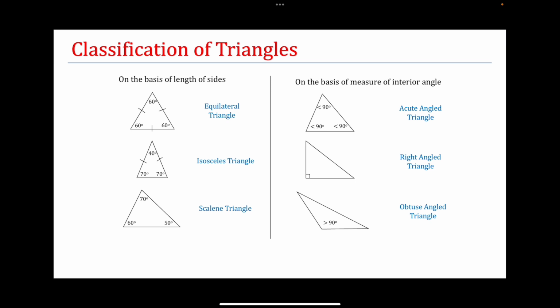Next, the last one is obtuse angular triangle. If one of the angles is an obtuse angle, measuring more than 90 degrees and less than 180 degrees, then that triangle is called obtuse angular triangle. So these are the types of triangles based on the measure of the interior angles.